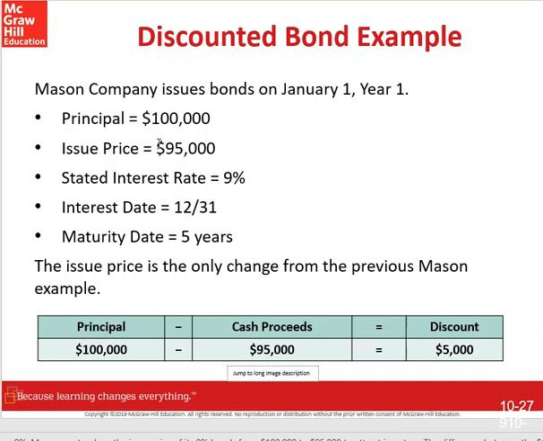In total, the principal is $100,000, but they're only going to receive $95,000. So there's $5,000 missing. That's what we call the discount. The rest of the facts are still the same. The stated interest rate is 9%. The interest gets paid annually on December 31st, 5-year term to maturity. So the only change is just the issue price. So we're issuing the bonds at 95.